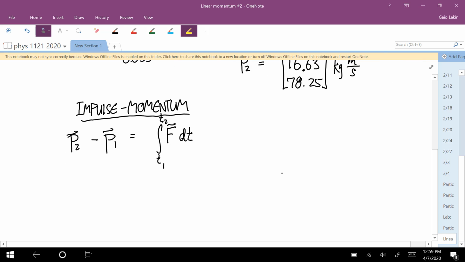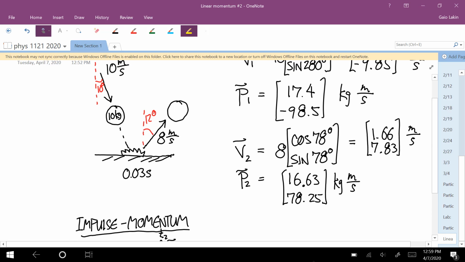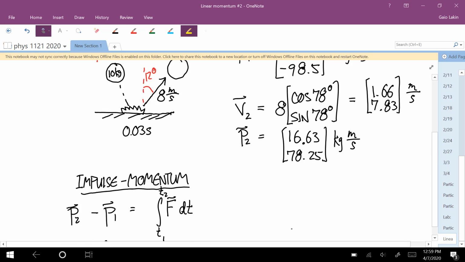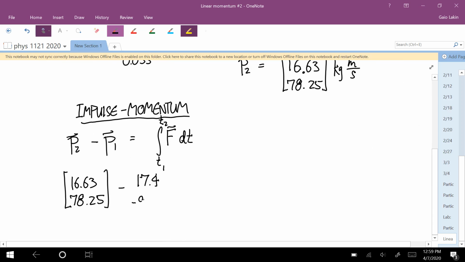So we have 16.63, 78.25, the later momentum, minus the earlier momentum, 17.4, negative 98.5, is equal to this average force times the elapsed time, which is 0.03 seconds.